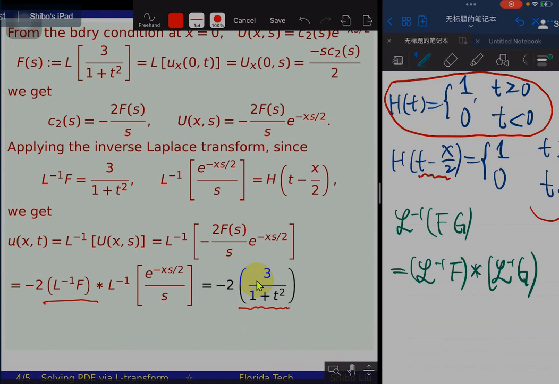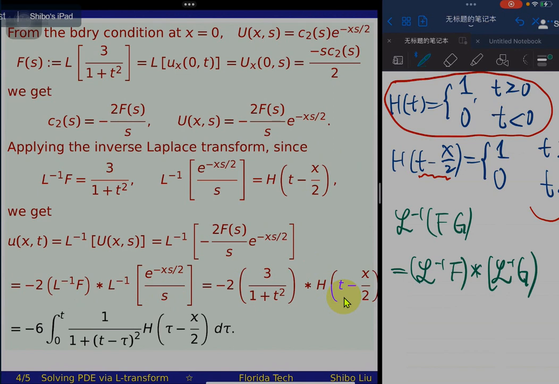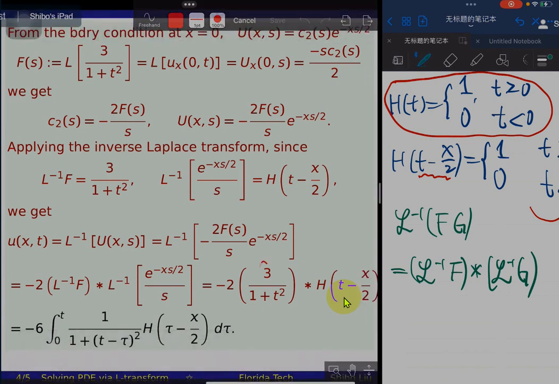Then we take the convolution with the inverse transform of the exponential divided by s, which is just the Heaviside function at this argument, t minus half of x. Then by the definition of a convolution, this gives us minus 6. We can move the 3.